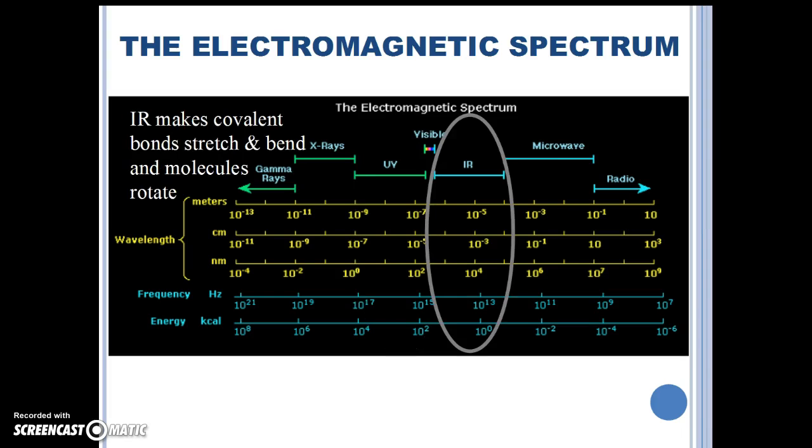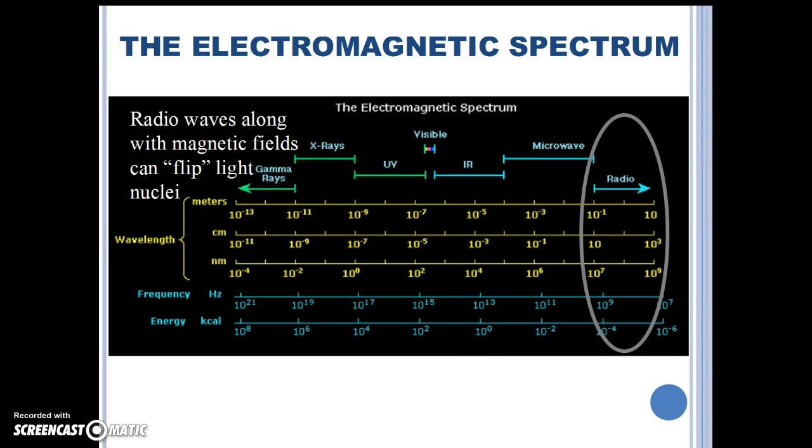Infrared is going to make the covalent bonds stretch and bend, and if we absorb IR, then the molecule can actually rotate at a higher frequency. And then radio waves are used in combination with very, very strong magnetic fields to flip the light nuclei of molecules.